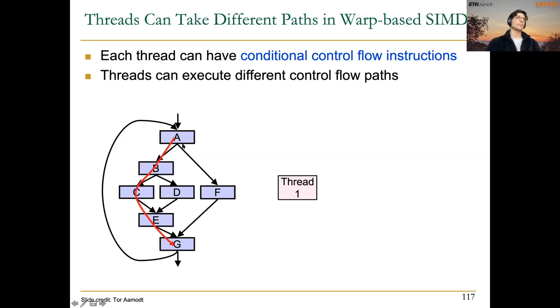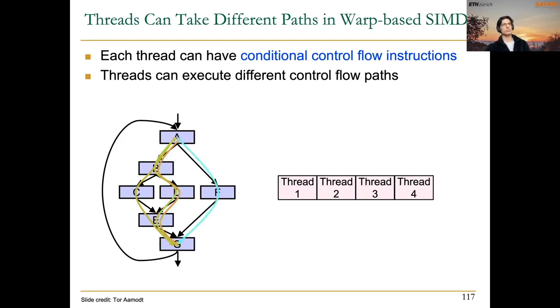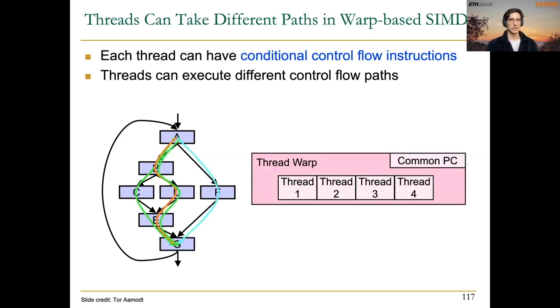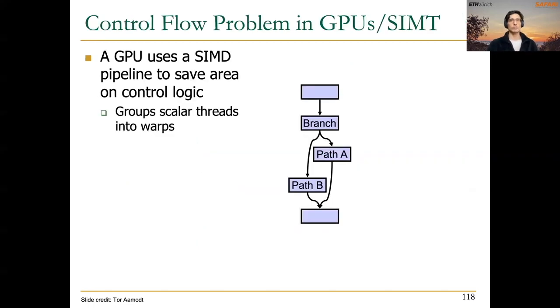For example, thread 1 follows this path, thread 2 follows this different path, thread 3, thread 4, and so on. The problem here is that these 4 threads belong to the same warp, so they have the same PC. How is the hardware going to handle this divergence that the programmer needs in the execution of the program?